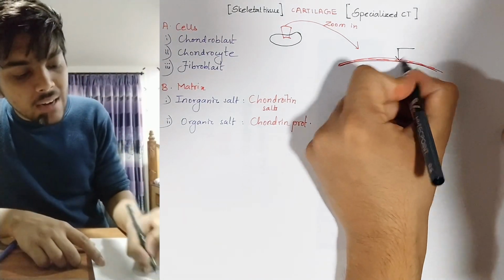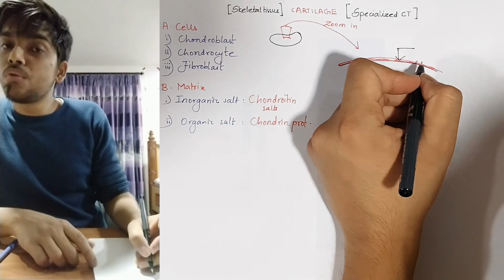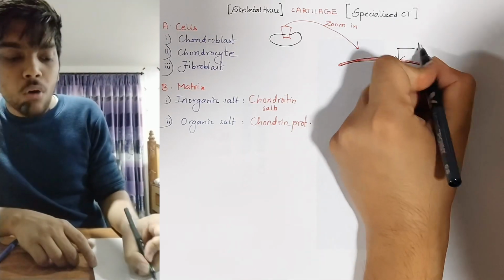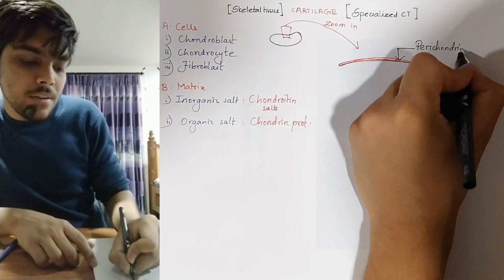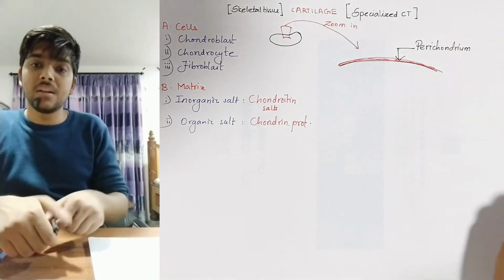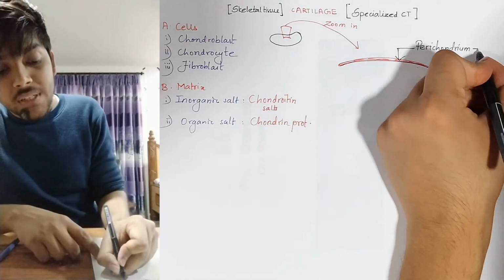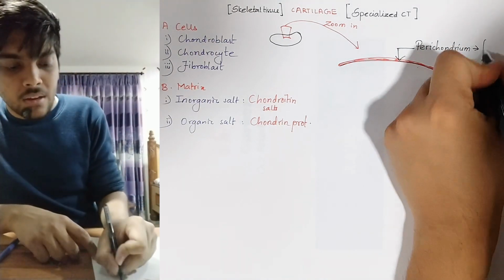Similarly, in case of cartilage as well, there's the outermost covering known as perichondrium, where peri means periphery and chondrium refers to cartilage. So this layer is present around your cartilage.